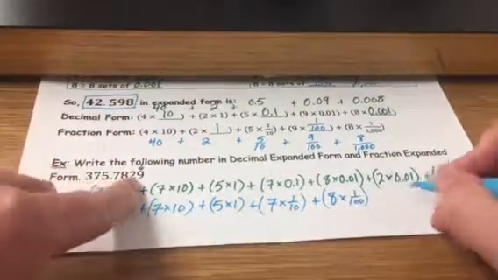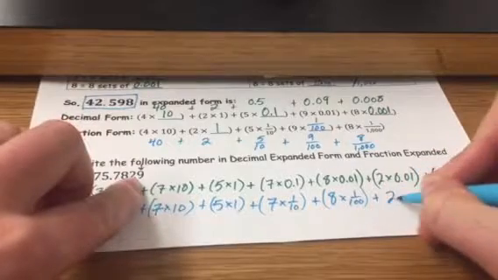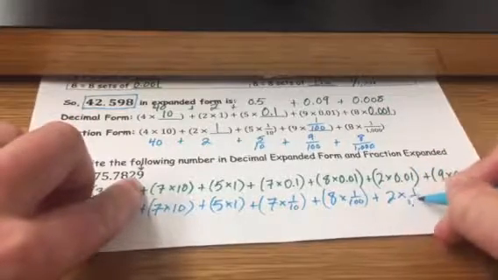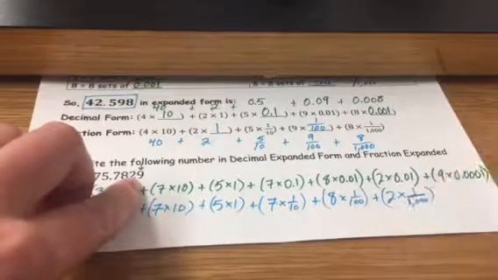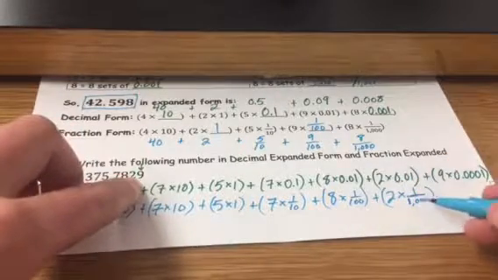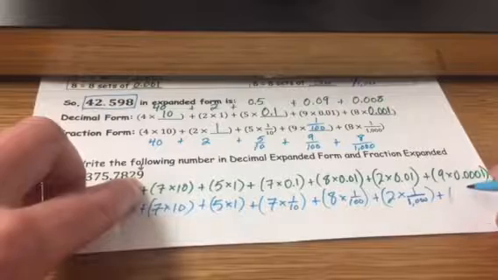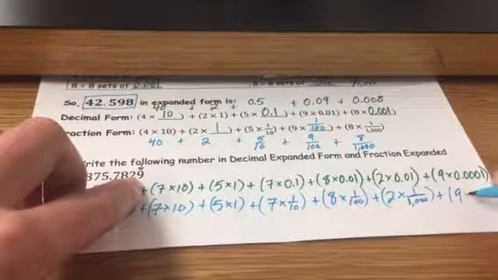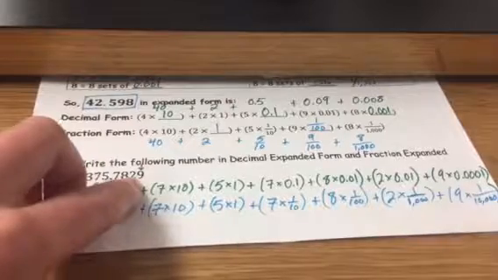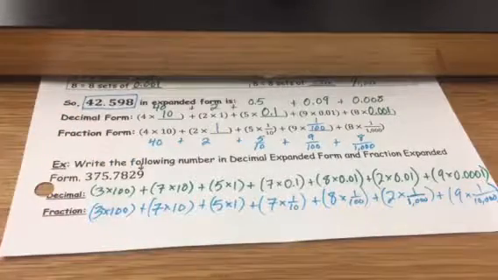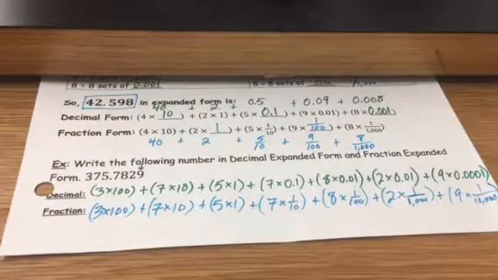The 2 is in the thousandths place value. So we're going to multiply that by 1/1,000th, 2 times 1/1,000th, and then the 9 we're multiplying by 1/10,000th. And there you go. Those are your two versions of expanded form.